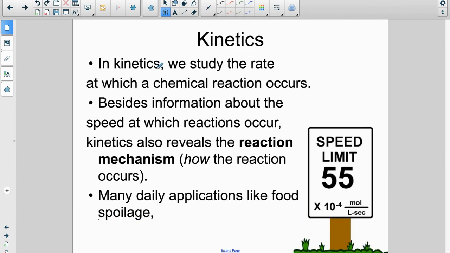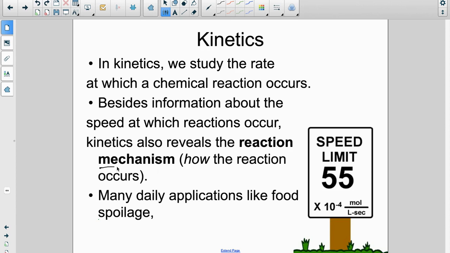So we study the rate. Kinetics is always relating to the rate of chemical reactions. Chemical reactions have different rates, different speeds, depending on how the reaction occurs and what things are involved. It also is the study of how the reaction actually occurs, the steps.